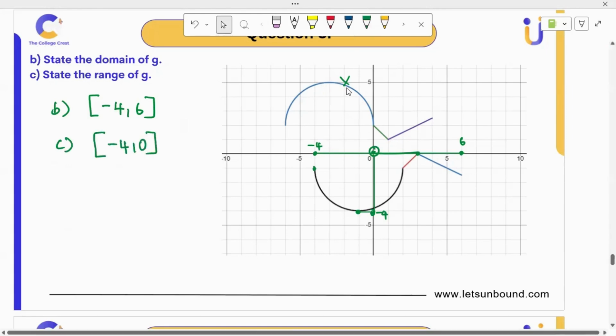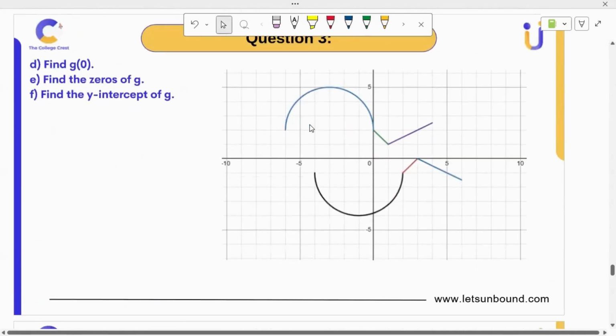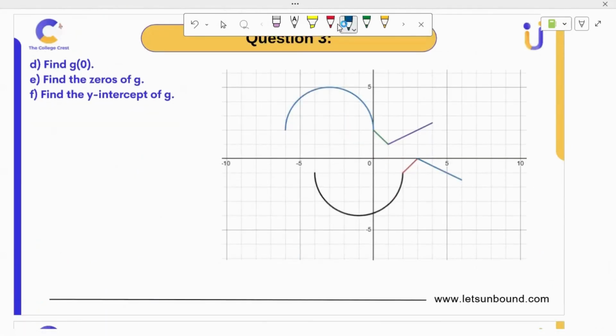That's simple. Now, D. Find g of 0. g of 0 means when x is 0. That is the y-intercept. Find g of 0, where your x is 0. So the graph crosses the y-axis somewhere over here.